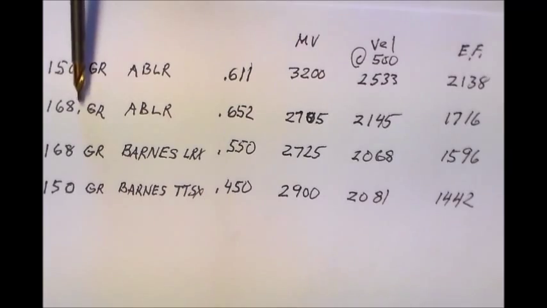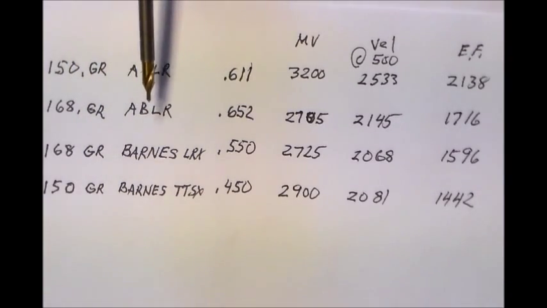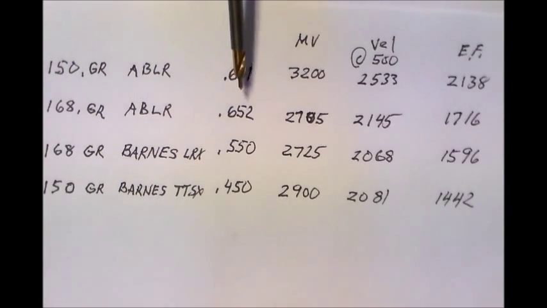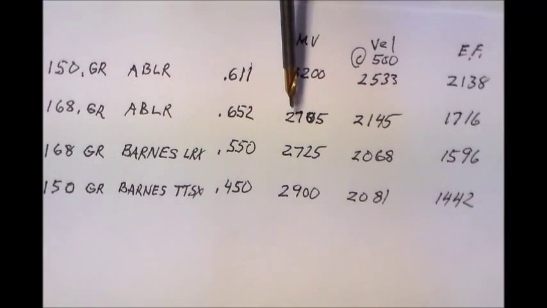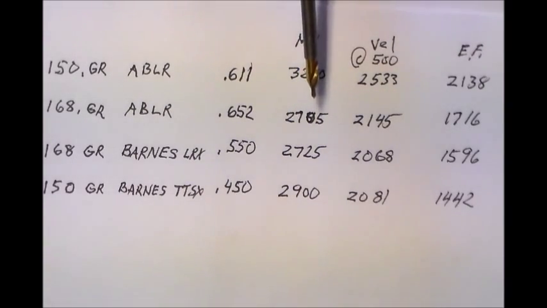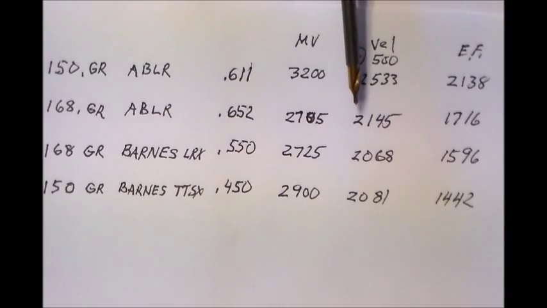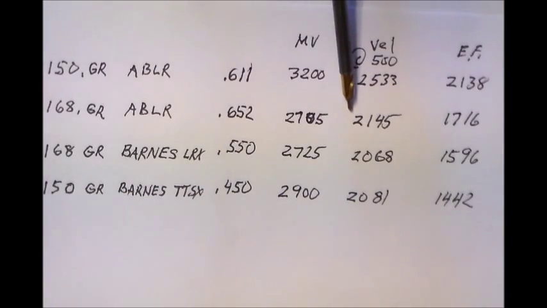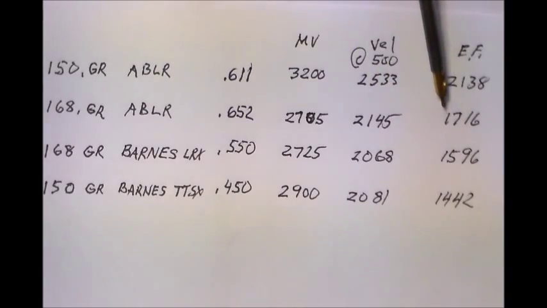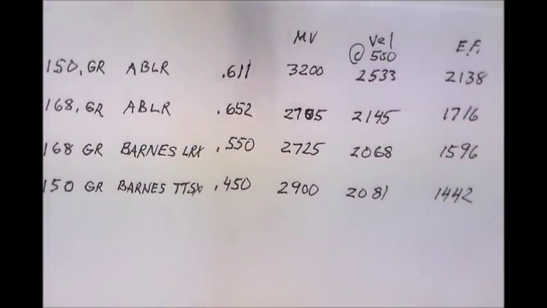And then down below it is the AccuBond 168 grain bullet, coefficient 652. Velocity at the muzzle was 2705, kind of a slower bullet. Its velocity out to 500 yards was 2145, and the energy foot-pounds was 1716.